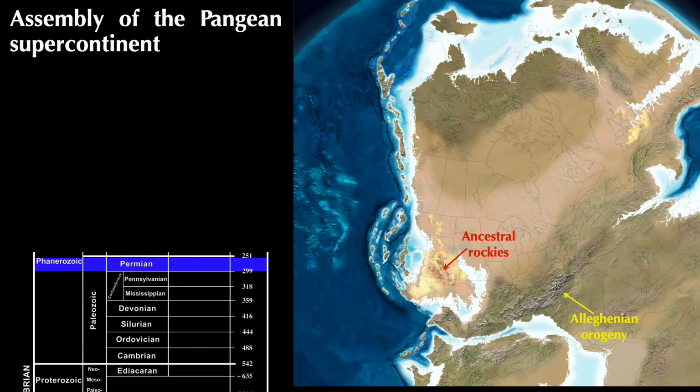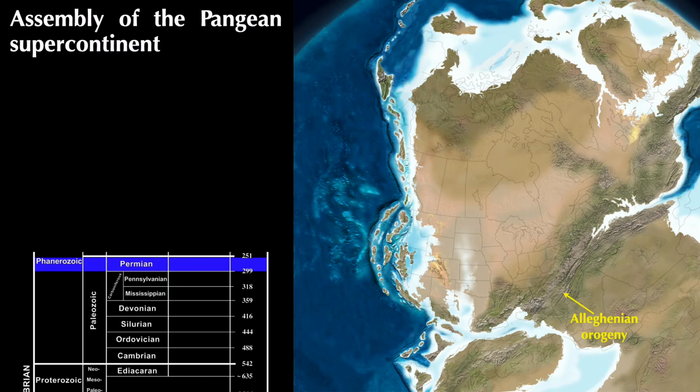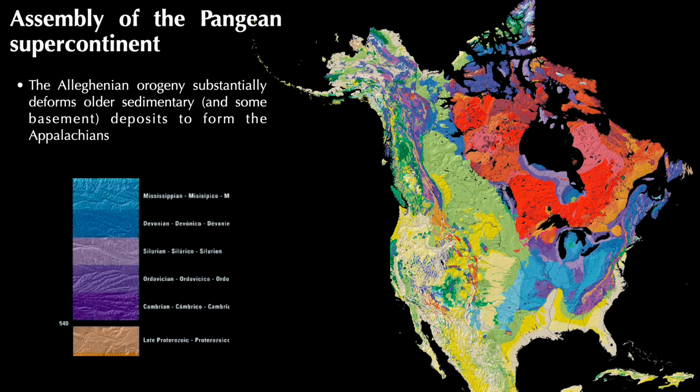Just stepping through these reconstructions for the Alleghenian orogeny here. Ultimately, this eventually entrains lots of older sedimentary sequences and in some cases basement rock to form the Appalachian Mountains.